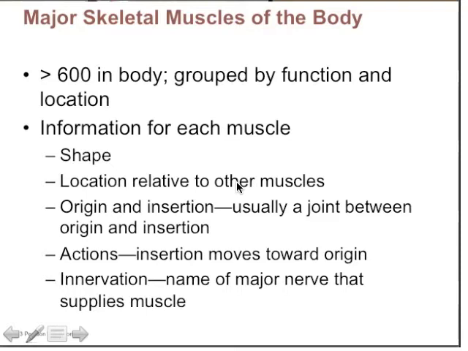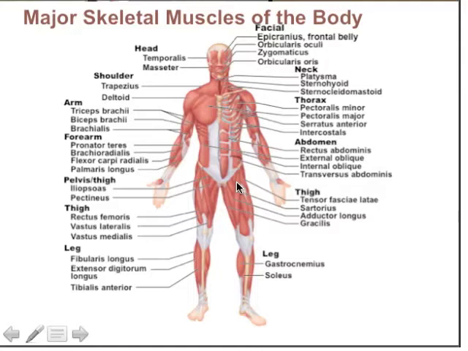The innervation is the name of the major nerve that talks to that muscle and, using an electrical signal, tells that muscle to contract, i.e. to move. And so here you can see the major muscles of the body.